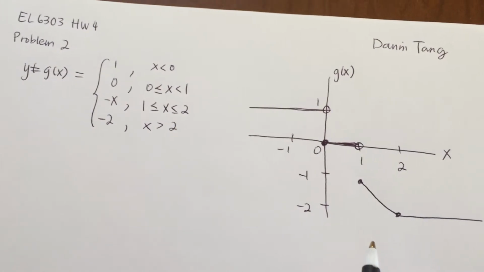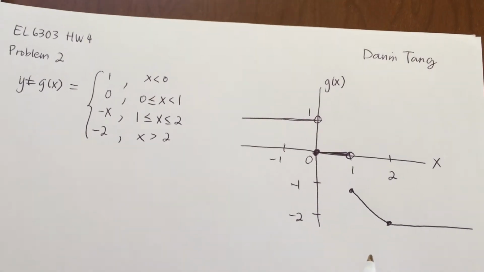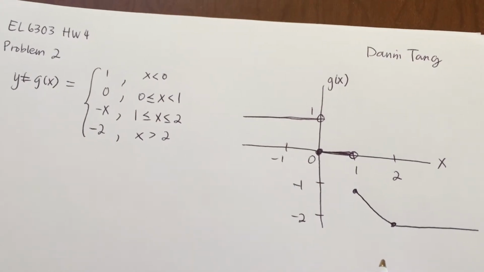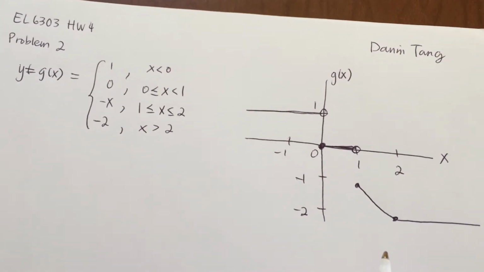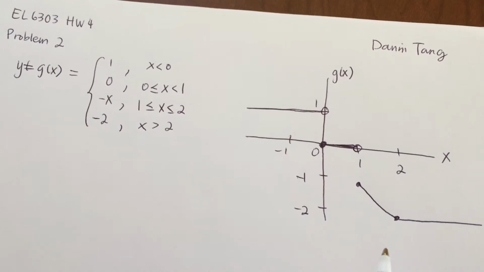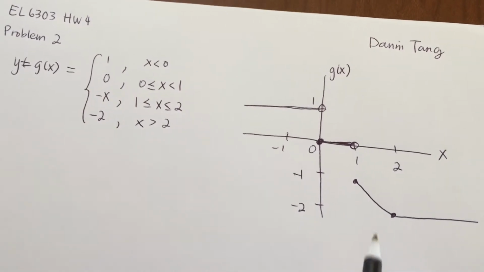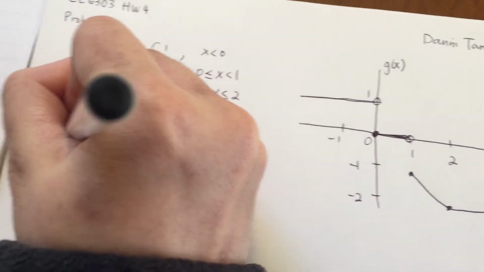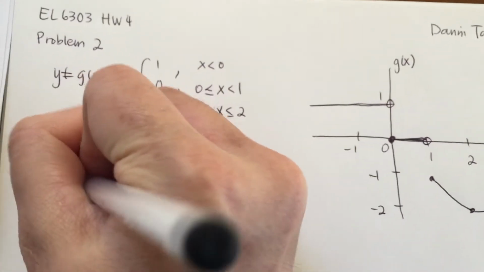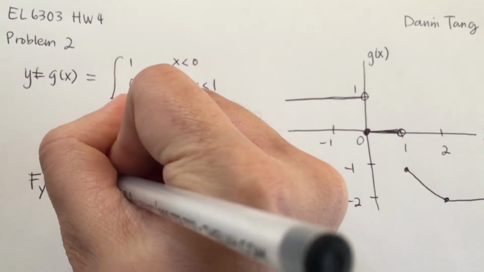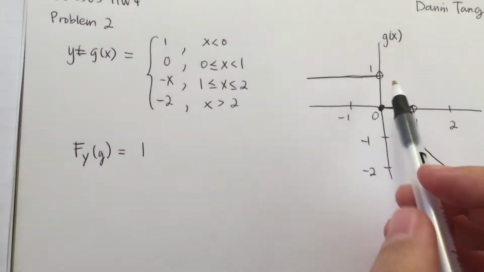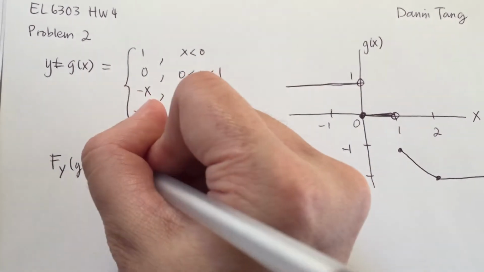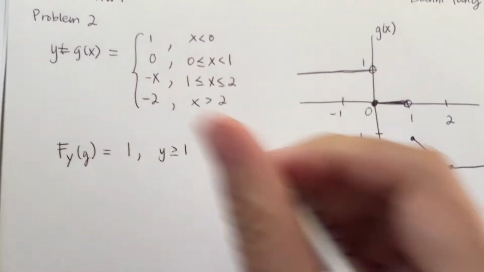And then it asks us to find the small f of y, big F of y, in terms of f of x. So it would be easier to turn this graph to the side, and what you get for big F of y is 1 when y is greater or equal to 1.